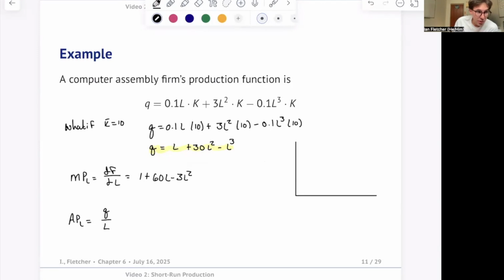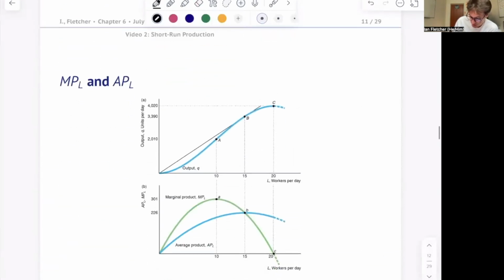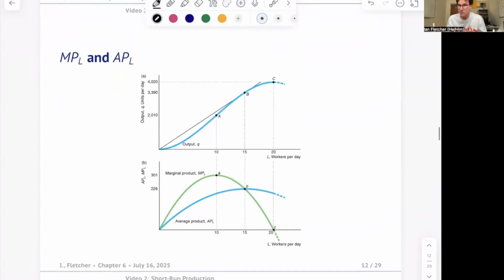In this one, we're gonna want output and labor, and then in the bottom, I actually think this will just be a lot easier if we just look at the textbook example, because I'm not going to get those curves correct. But this is our same example, just a little bit more pointed.